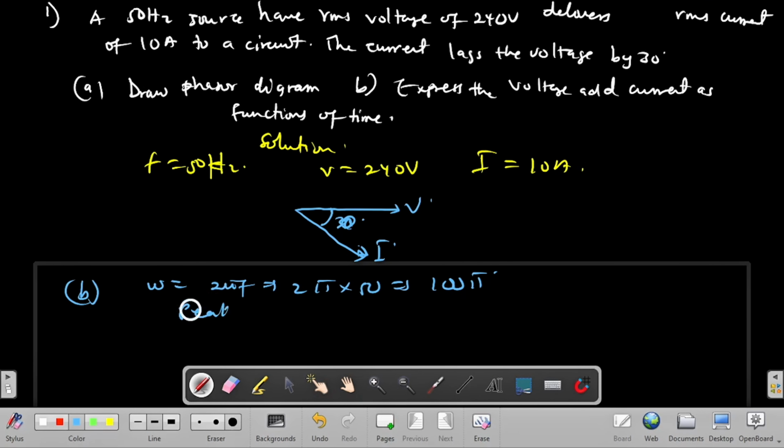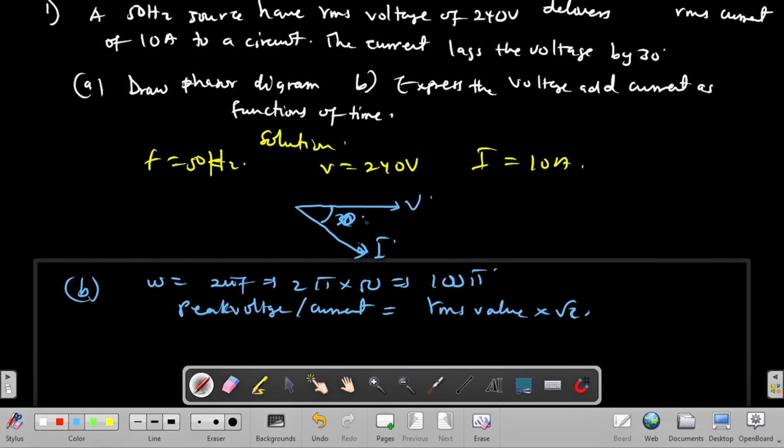So peak voltage or current is simply equal to the RMS value times square root of 2, as simple as that. So to represent the 240 voltage, I'll have my V equal to 240 square root of 2, right? That is my peak voltage.